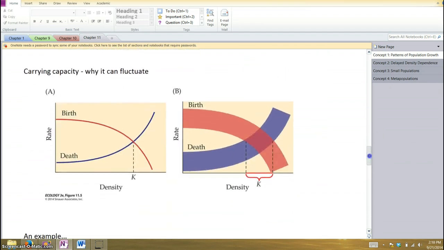And this is the idea of why we think this happens. So, when a population is relatively small or low density, you should have relatively high births and low deaths. There's plenty of space and resources, and so the offspring that are born tend to do well and the population grows. Now, as density increases, births will tend to decline and death rate will tend to increase, and you reach a sort of an equilibrium of those two, the carrying capacity.